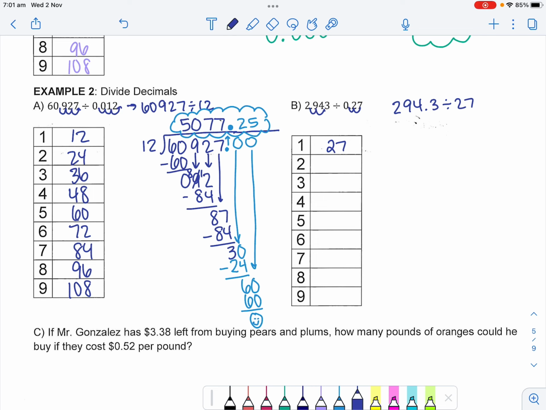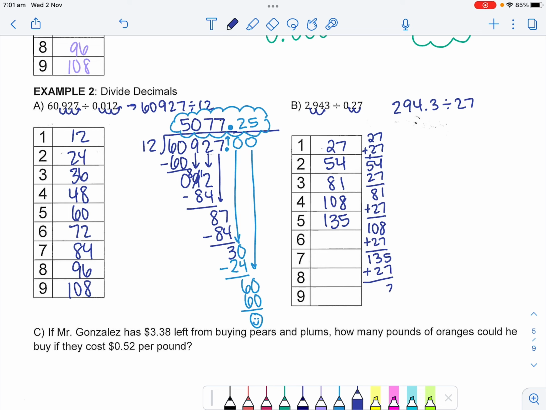27 is not in my multiplication chart, so I'm just going to do some repeated addition. So 27 plus 27 is 54. Plus 27, 81. Plus 27 is going to be 108. Plus 27 is going to be 135.